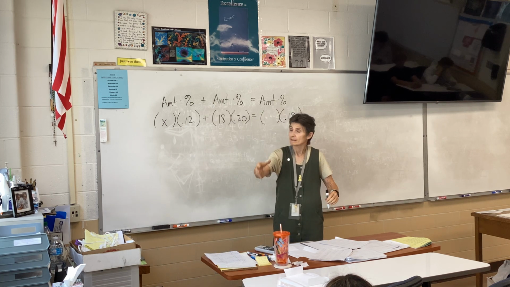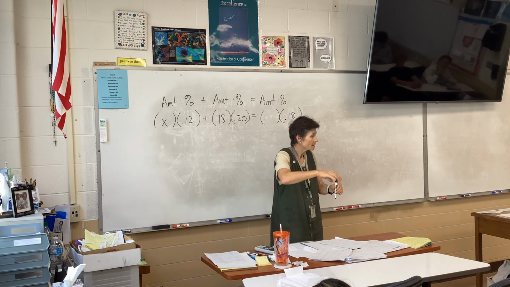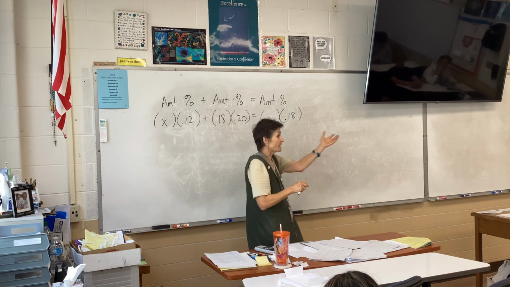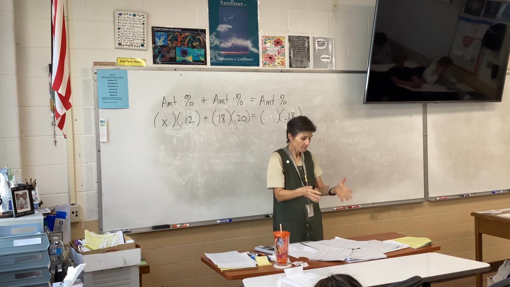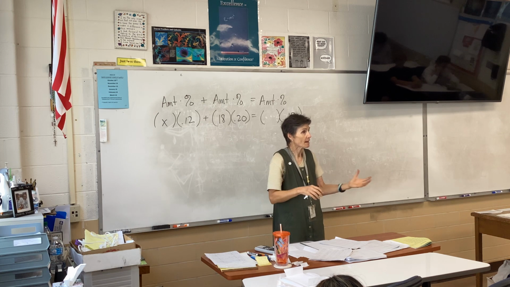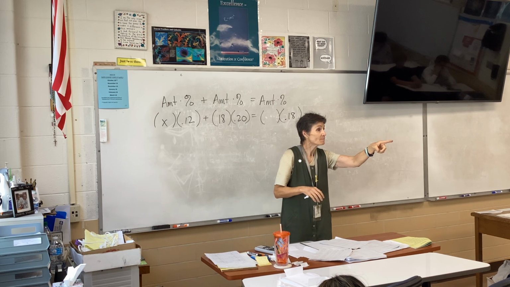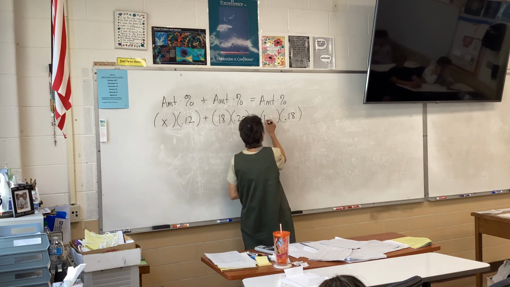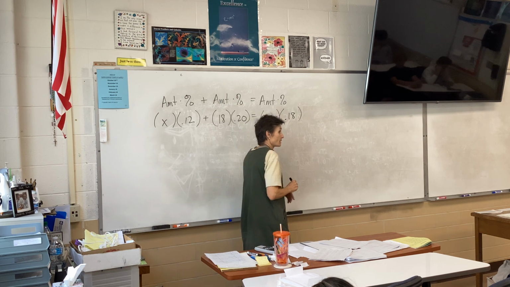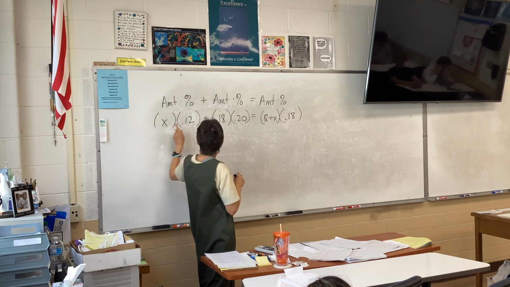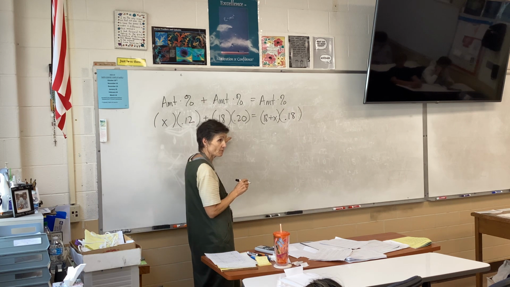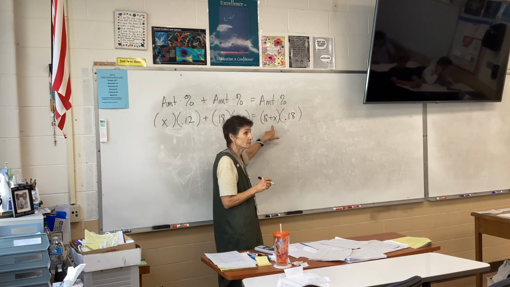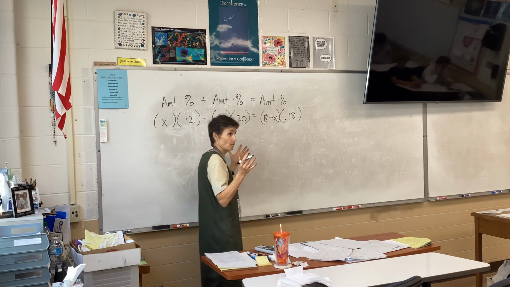I pour in X gallons, and I pour in 18 gallons. How much do I have? If I poured in X and I poured in 18, what do I have? 18 plus X. Think about it. Don't these two amounts added together have to be the total amount? So I'm ready to solve.